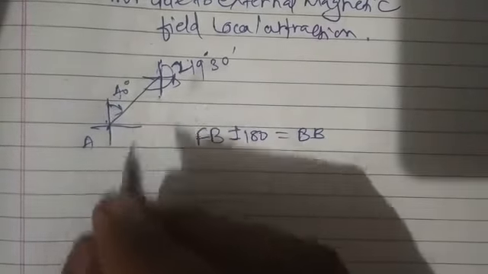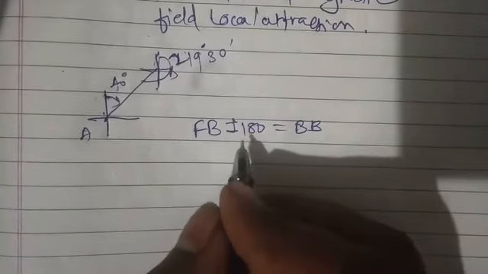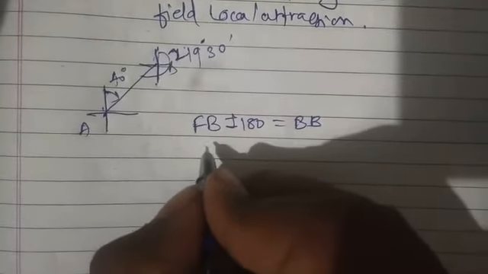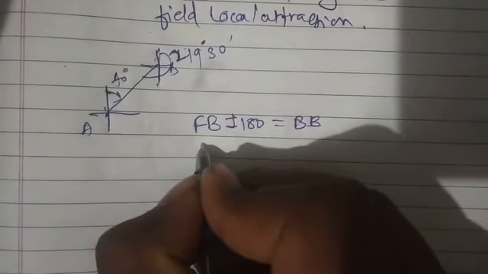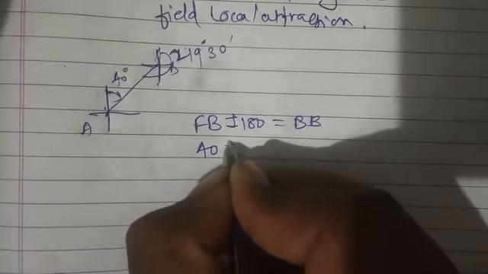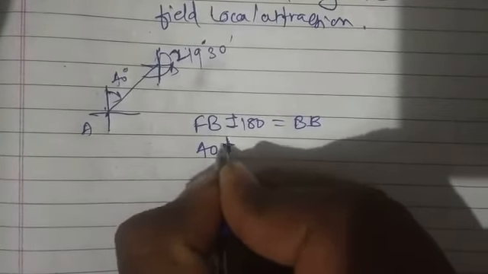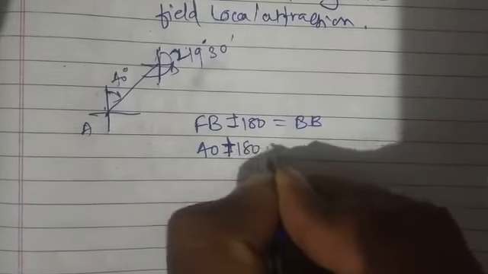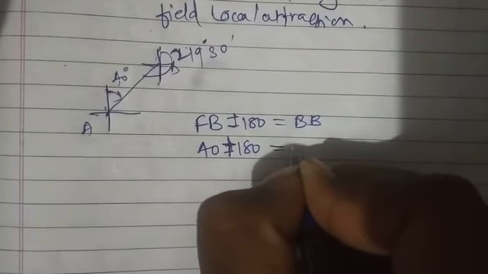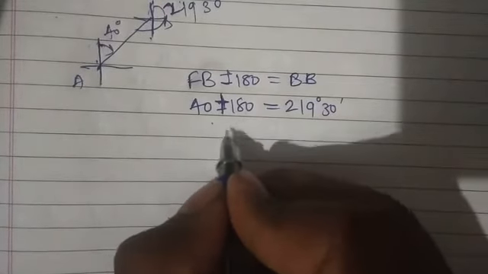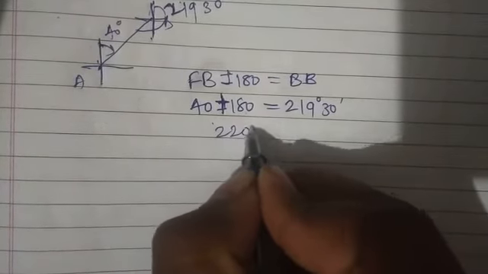Now let's check whether this condition is satisfied here or not. Fore bearing is 40 degree, plus or minus, here of course it will be plus, so 40 degree plus 180 will be equal to the back bearing, which is 220 degree.